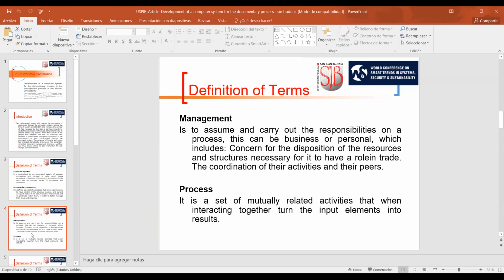This can be assigned or personal, which includes concern for the disposition of the resources and structures necessary to coordinate their activities. Process is a set of mutually related activities that, when interacting together, turn input elements into results.